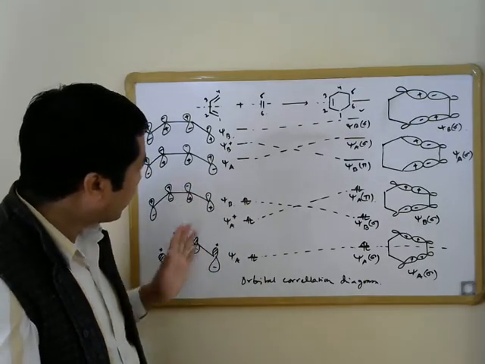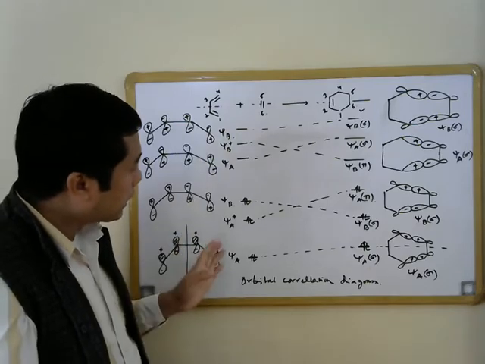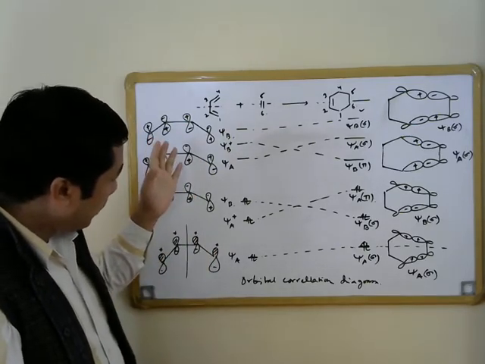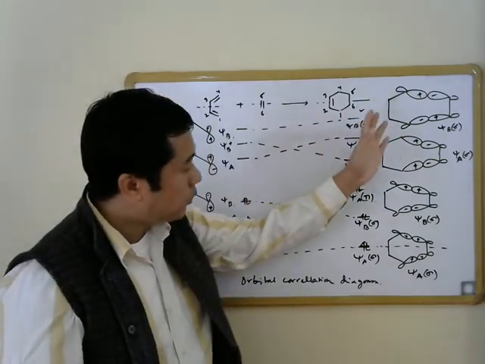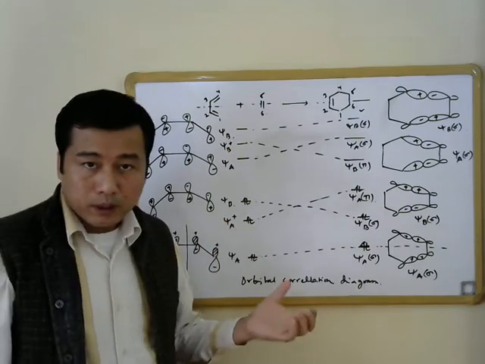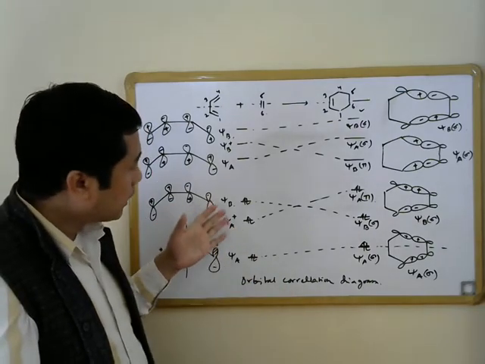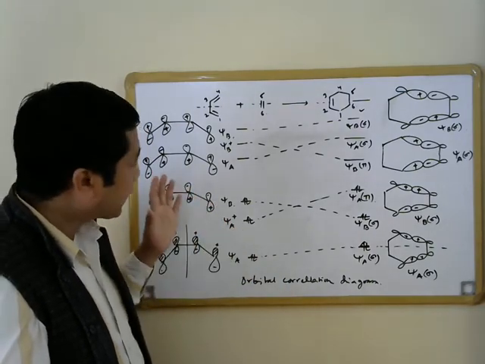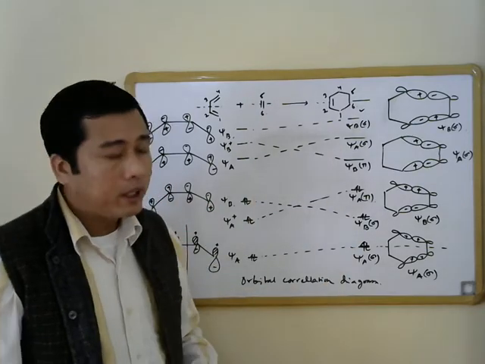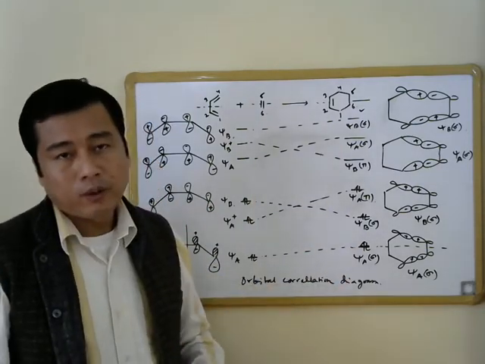Then we correlated the orbitals in the reacting system with the orbitals in the product with respect to symmetry, and we found that the bonding molecular orbitals in the reacting system correlate with the bonding molecular orbitals in the product.